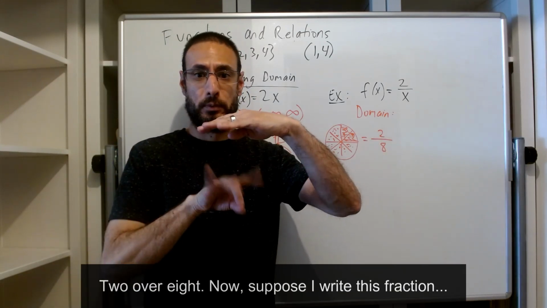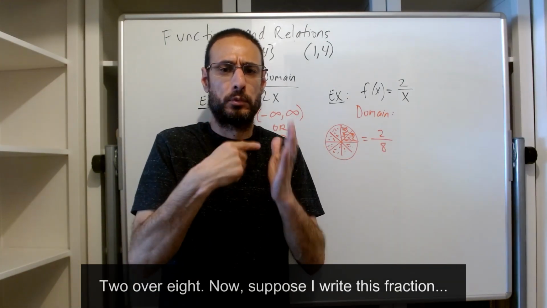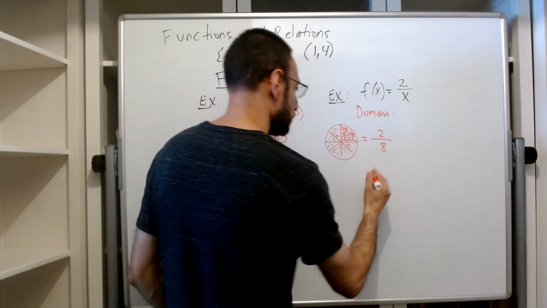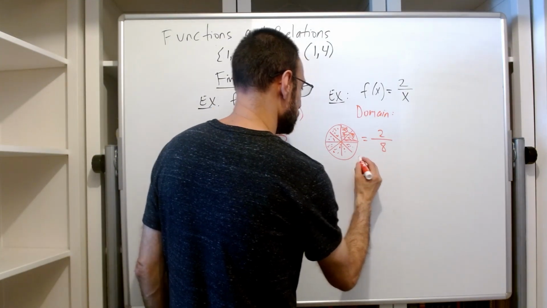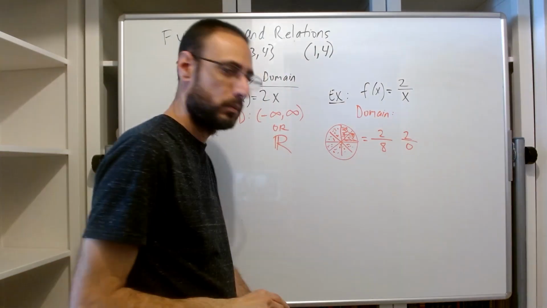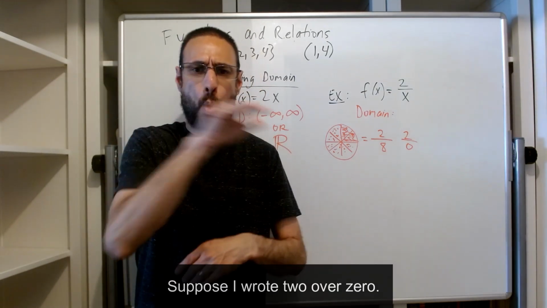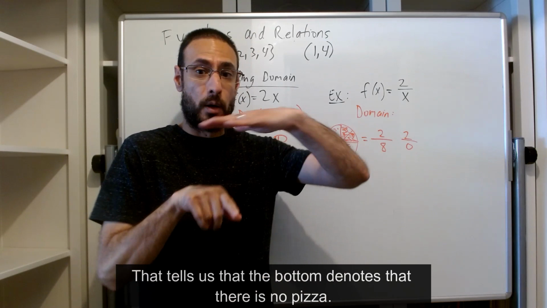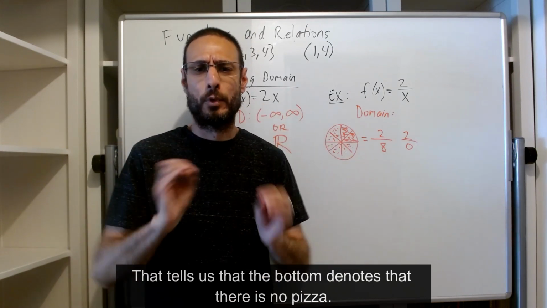2 over 8. Now, suppose I write this fraction. Suppose I wrote 2 over 0. That tells us that the bottom denotes that there is no pizza.